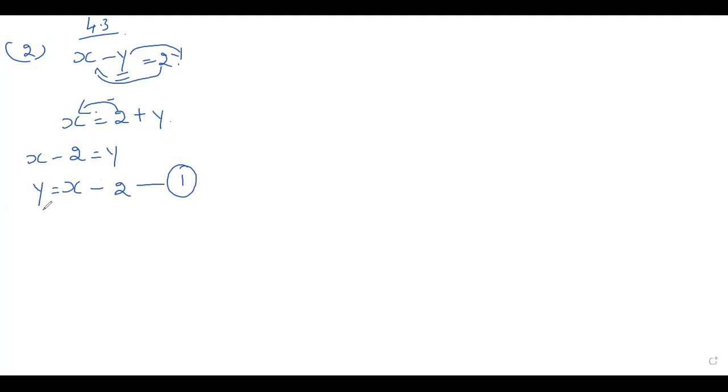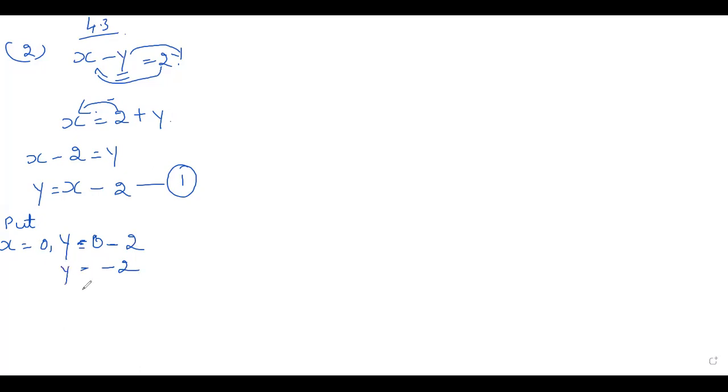Now give values for x. Put x is equal to 0. Generally we give the values for x as 0, 1, minus 1, 2, like that. You can give any value, no problem. y is equal to 0 minus 2, that is minus 2.